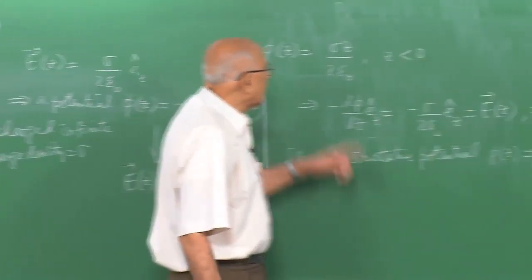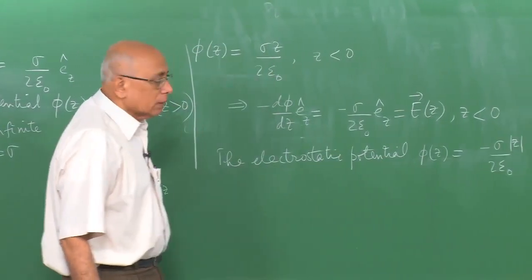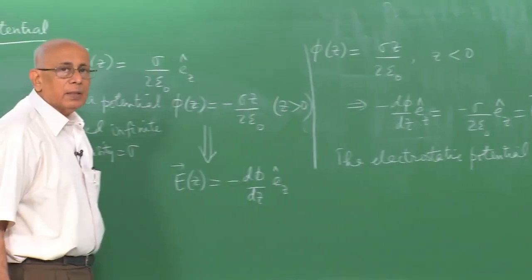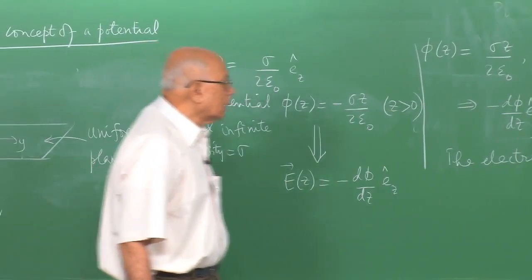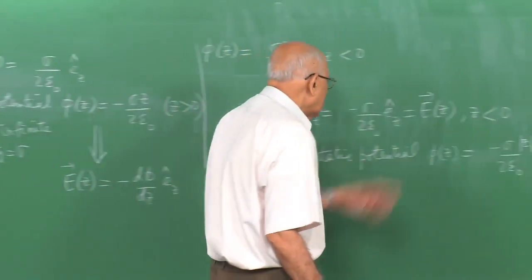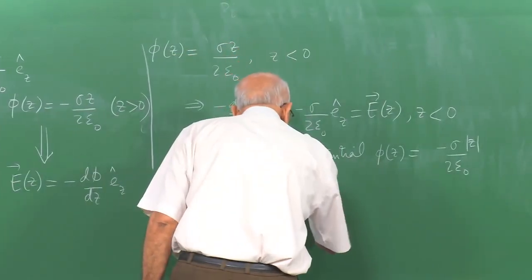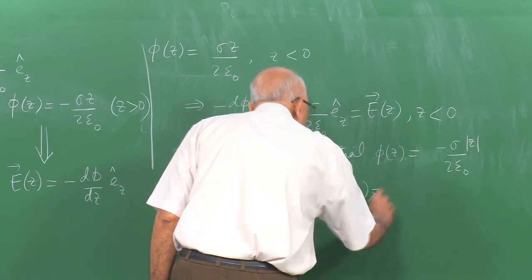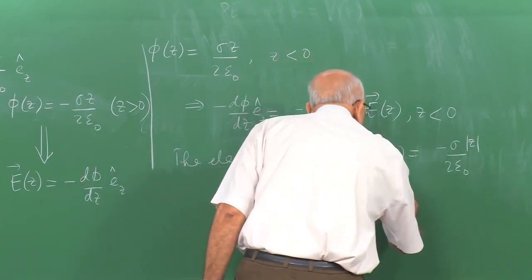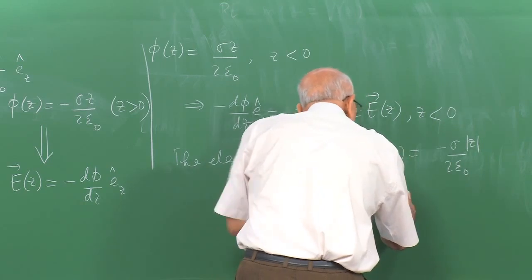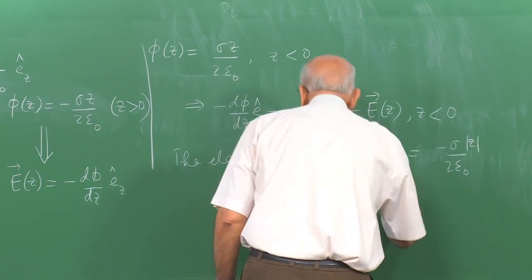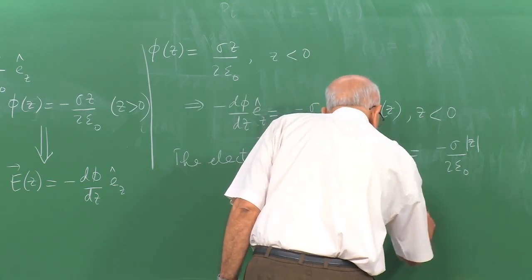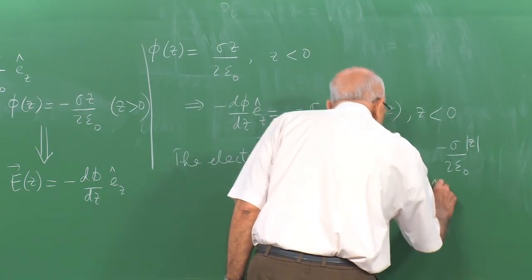Mod z is minus z in the case of z less than 0, so it gives you a plus sign here and you have a minus sign here. Okay. From this it follows that the electric field E of z is equal to, you need to differentiate it with a minus sign, whatever derivative we had, minus d phi over dz Ez.